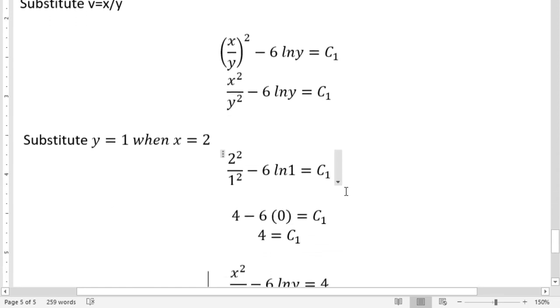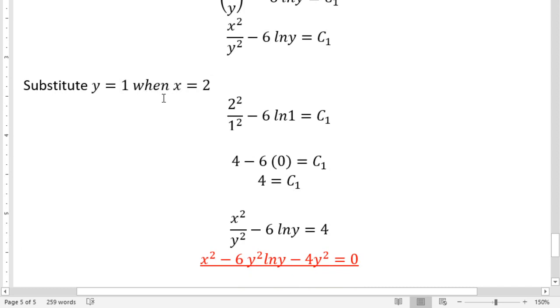So, substitute lang natin y is equal to 1 when x is equal to 2. So, 2 squared over 1 squared minus 6 ln 1 is equal to c1. 2 squared over 1 squared is 4 minus 6. Ang ln 1 natin is 0, so this will be cancelled out. Maging 0 actually siya. So, 4 is equal to c1.